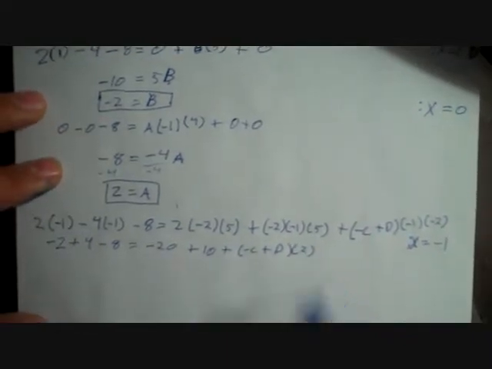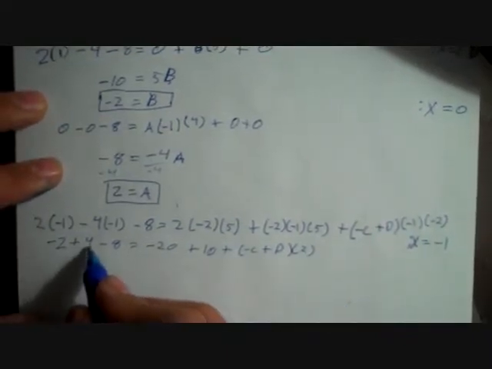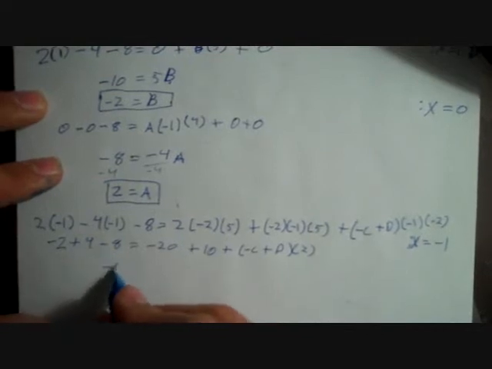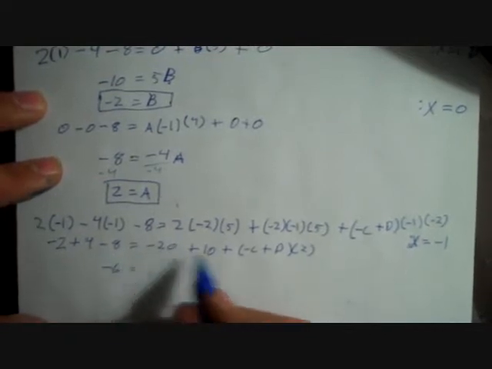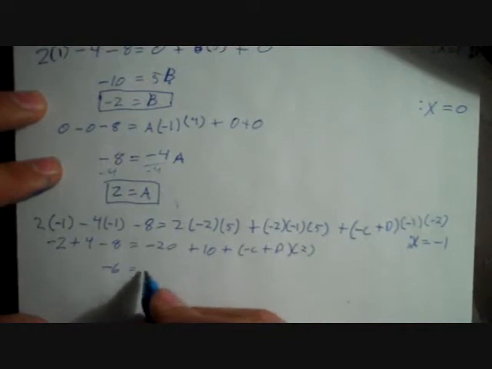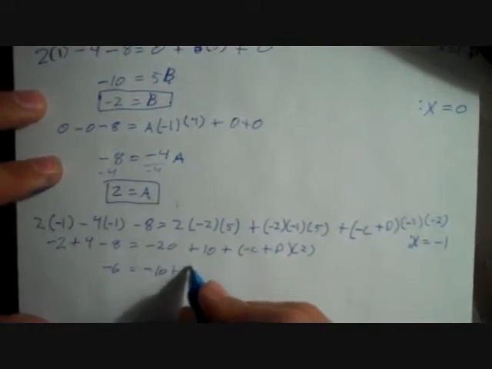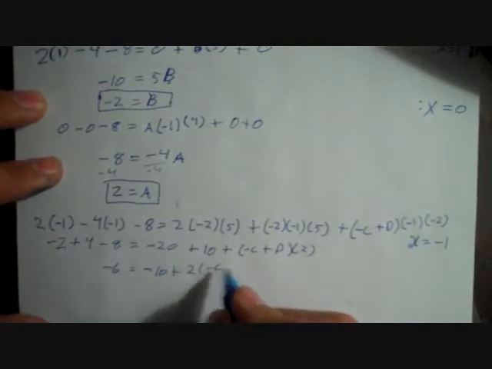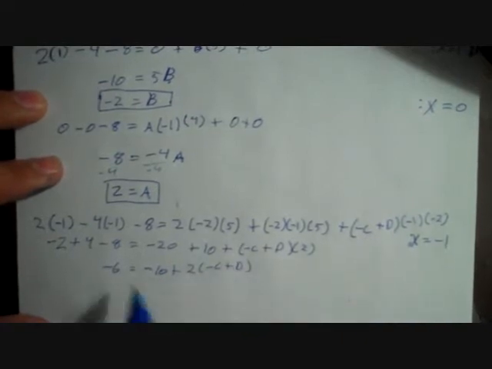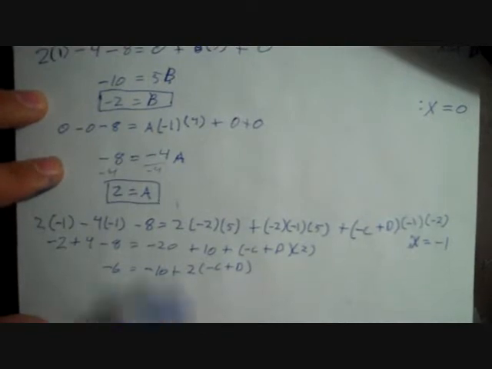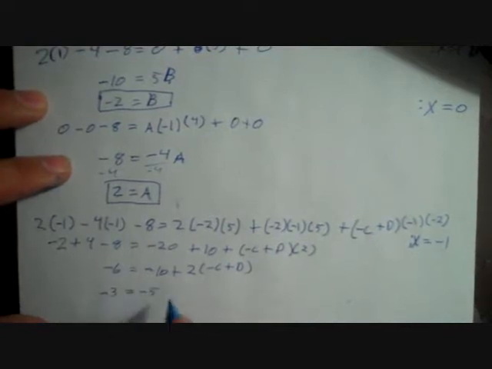So just take another step. Minus 2 plus 4, so that's plus 2, minus 8, so that's minus 6 equals -20 plus 10 is -10, plus 2 times -c plus d. Now, all these are factorable by 2, so let's just take a real quick factor 2 out of everything. So we'll have -3 equals -5 plus -c plus d.